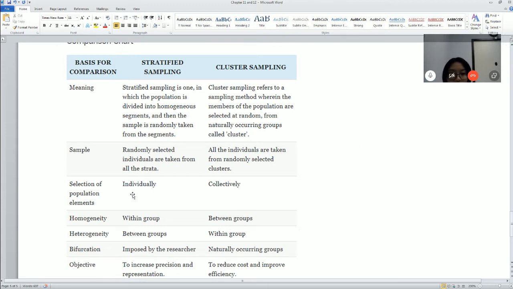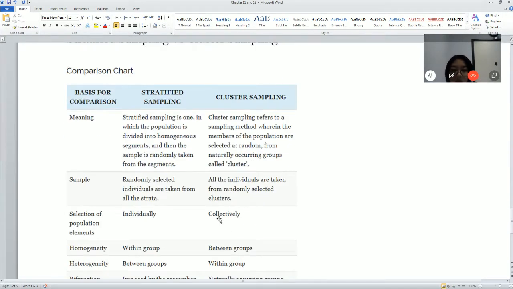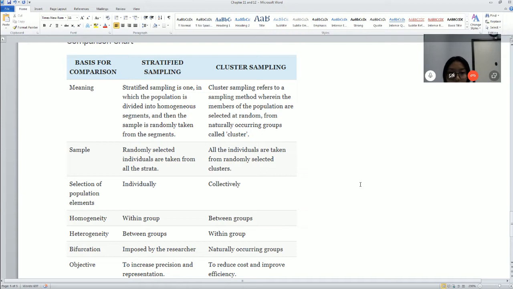What that means is, do you see how I could randomly pick whatever goes into my strata, like 1, 3, 4, 5? But in my clustering, I have to collectively select it. That means I have to use all my elements in that cluster as my sampling. No? Yes? Better? Worse?